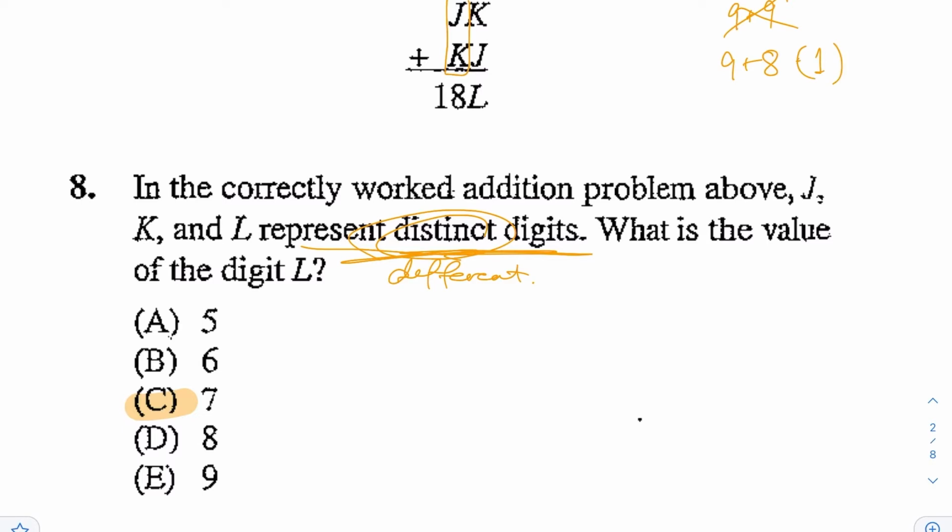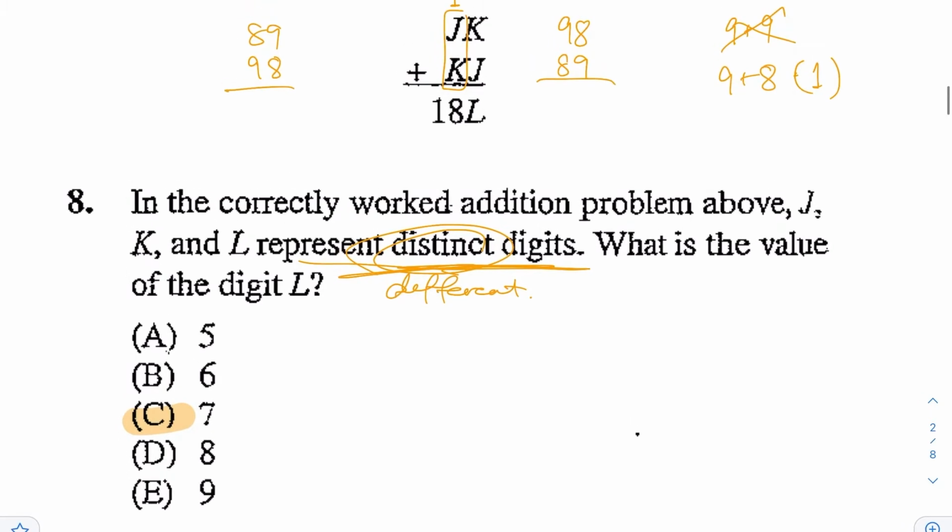So one of them is 9. The other one is 8. Now, if you notice for the other side, it's just K and then J. So it has to be either 98 plus 89 or 89 plus 98. It's going to be one of those. So if you add both, you can actually see that it'll be pretty much the same thing.